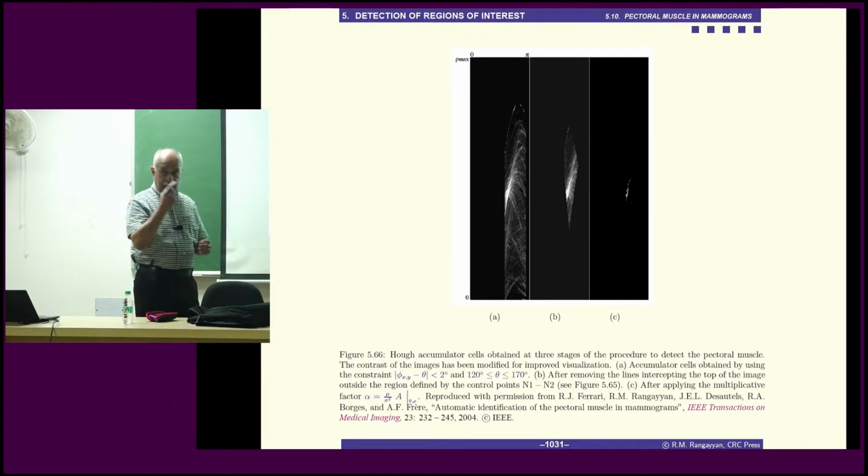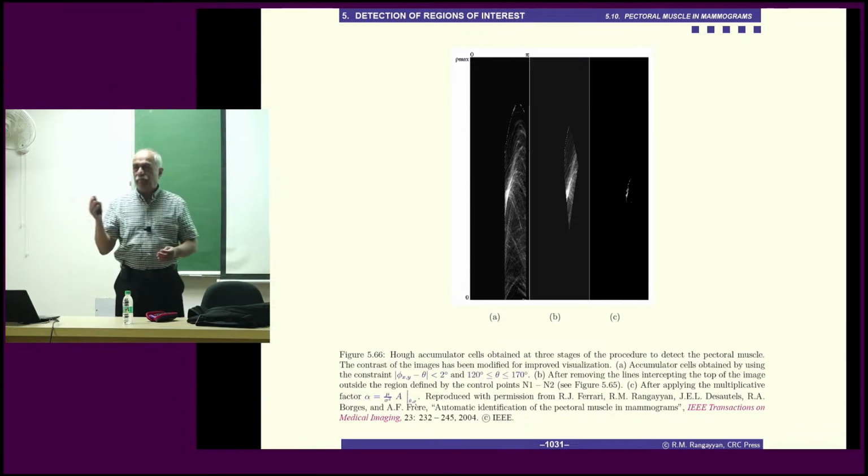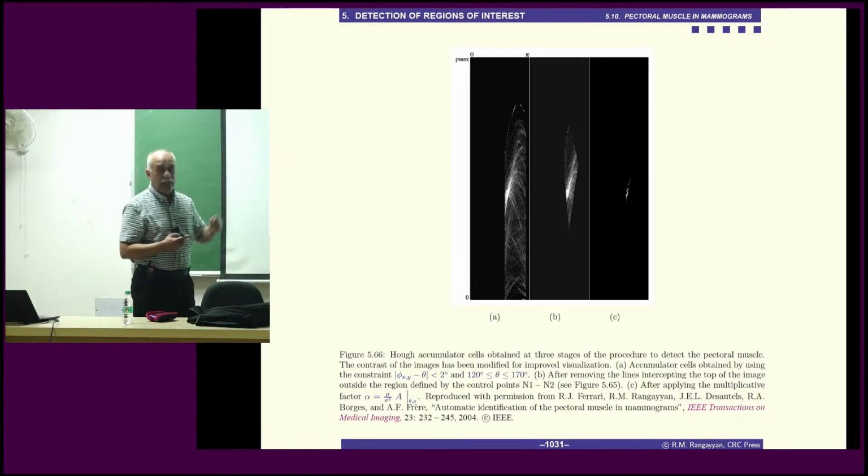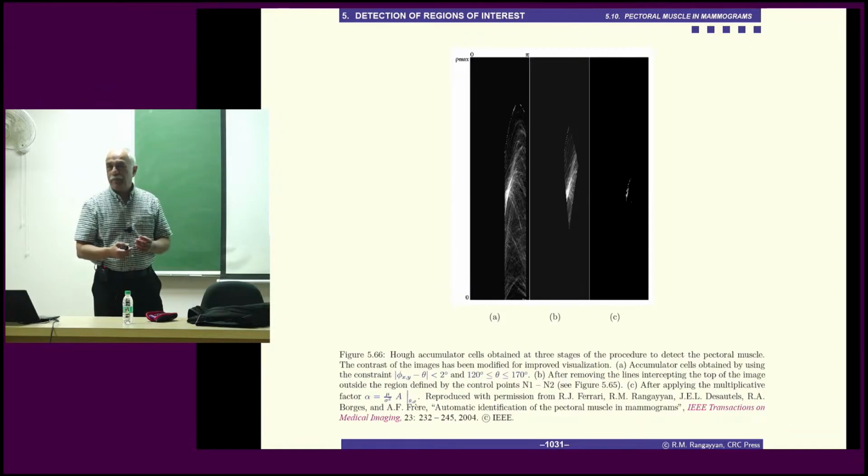Each point here represents a line in the image domain. So by rejecting all of these other points, we are rejecting some lines that could be detected if you were to find all the peaks here. And further, by applying the weight, only these are highlighted. And among these, you find the maximum.